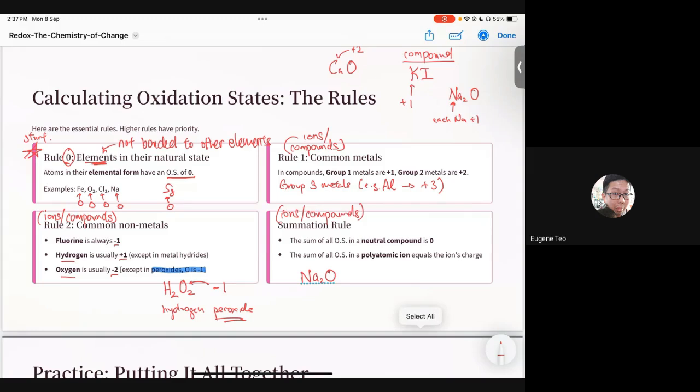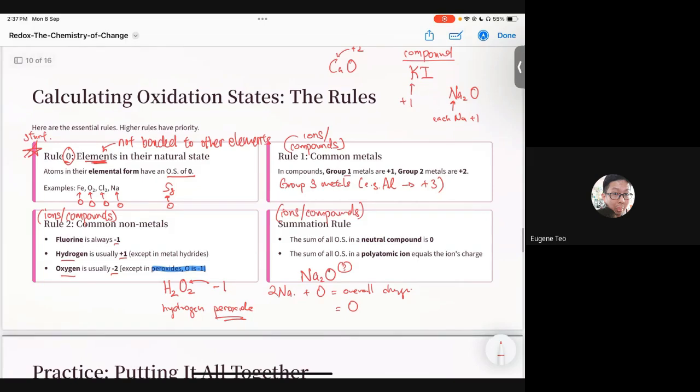The summation rule means that the oxidation state of sodium plus the oxidation state of oxygen must give me the overall charge. So in Na2O, what's the charge over here? It is 0, right? In Na2O, each sodium, a group 1 metal, is +1.